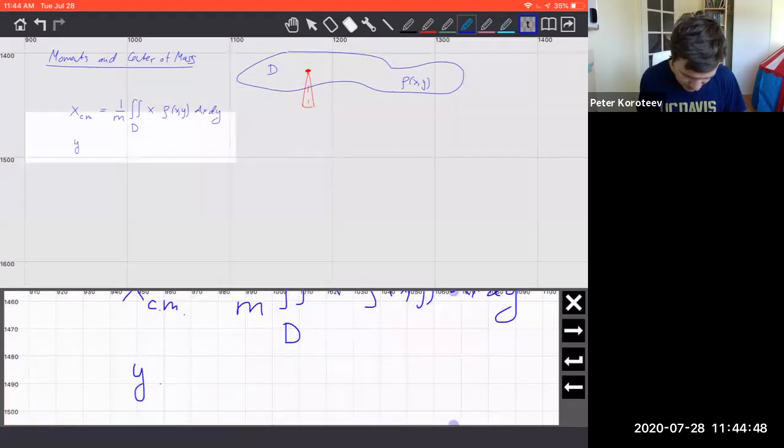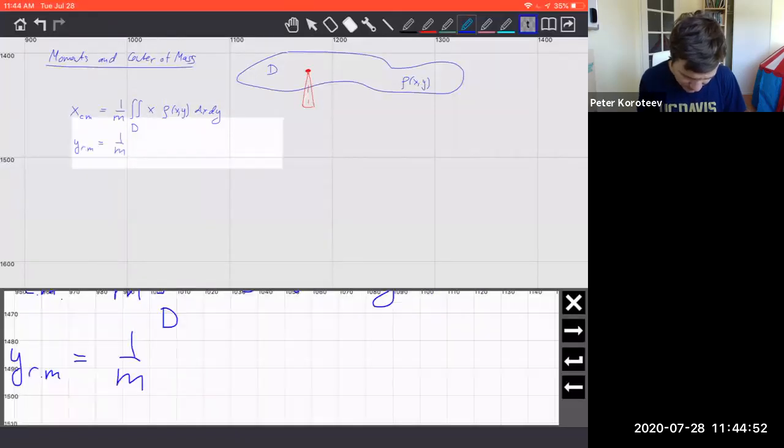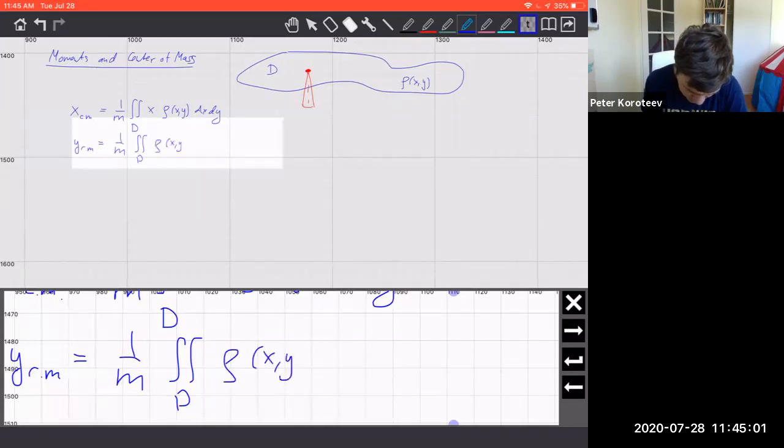And the y coordinate of the center of mass is equal to 1 over the mass of the body, integral over D of y times rho of x y dx dy.